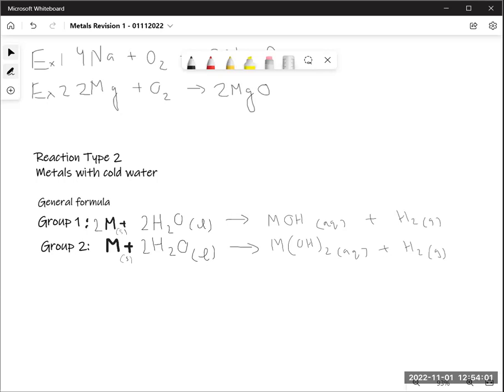Sir, I don't think it's balanced, there are 2 metals and 4 hydrogen. I think it's 2 MOH, for group 1. Yes, that should be balanced. Yeah, that's better.